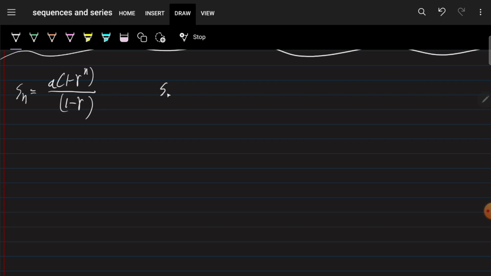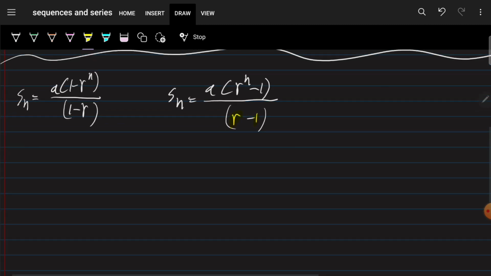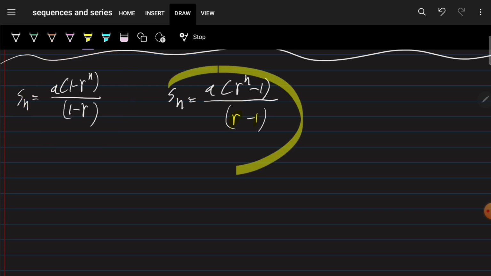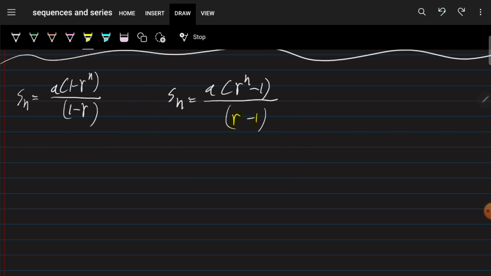And the other variation is this one: a(r to the n minus 1) over r minus 1. The position of the r and the 1 have been switched. In the first one, we have the 1 and then the r. In the second one, we have the r and then the 1.